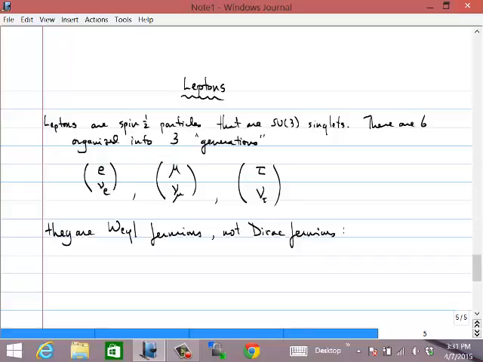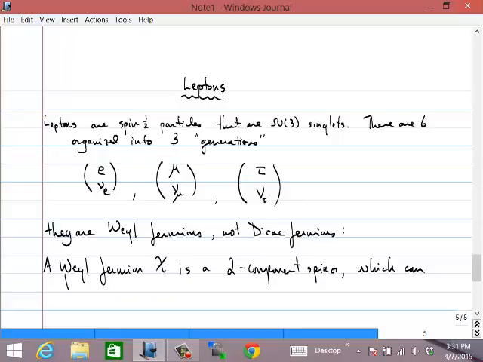Okay. So a Weyl fermion chi is a two-component spinor which can be regarded as the left-handed part of a four-component Dirac spinor.